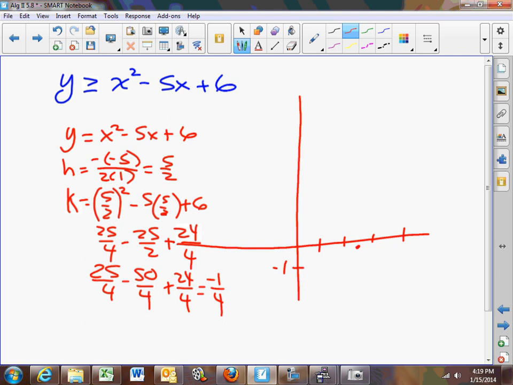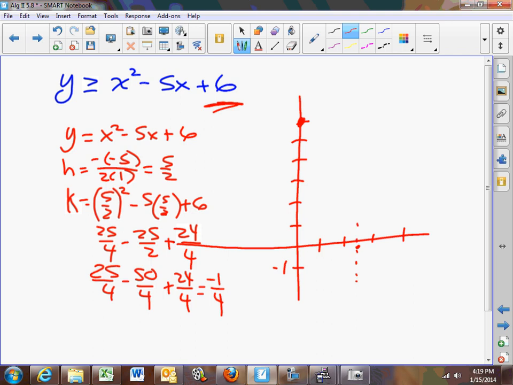Now, if we plot other points, another point that you can almost always get real quickly if you've got standard form is the place where the graph crosses the y-axis. In other words, 6 is going to be the place where the graph crosses the y-axis.